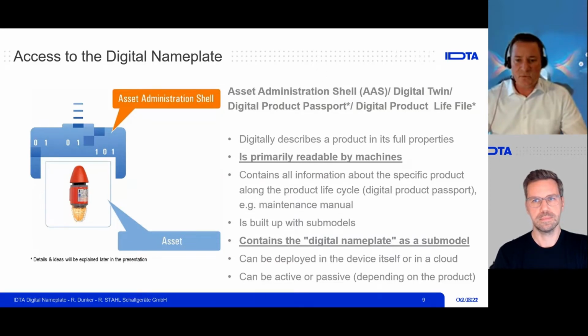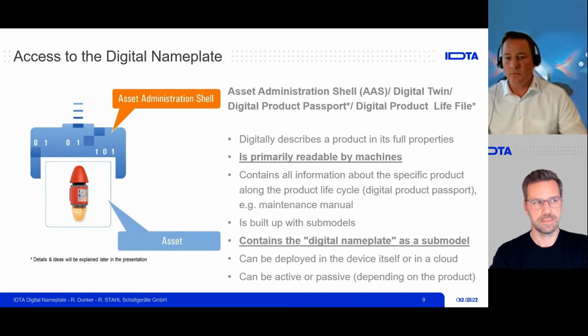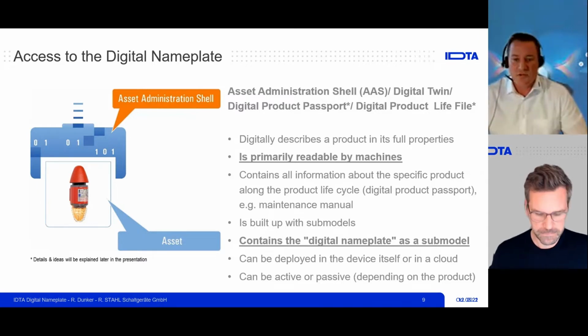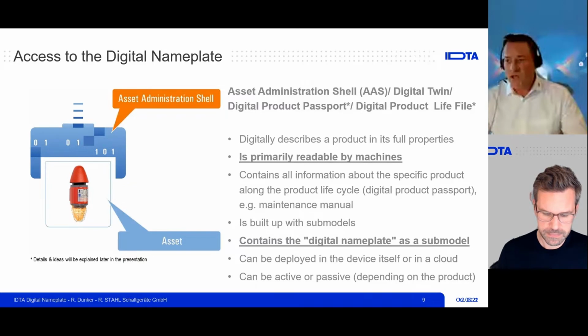So the asset administration shell was developed to be used in an interoperable way, and we decided this is the best way, because it doesn't matter if you want to read it by a machine or by different software codes. So it's quite easy to exchange it also with ERP systems, engineering suites, and so on.